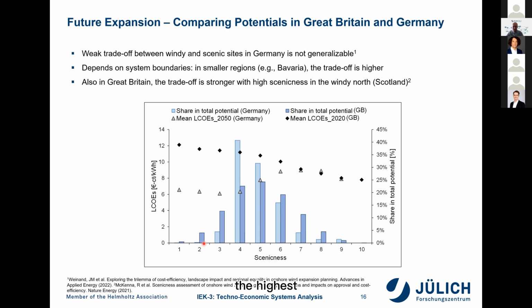So the low LCOEs are in areas in the north of Scotland, as I showed, where very good wind conditions exist, and therefore the LCOEs are quite low. But in Germany, we do not really see a trend depending on the scenicness.